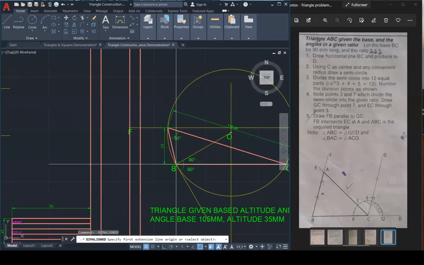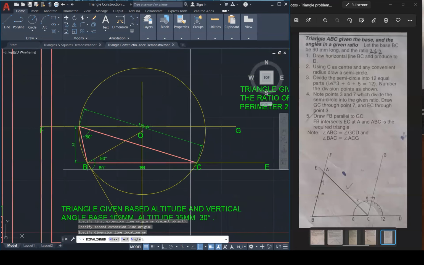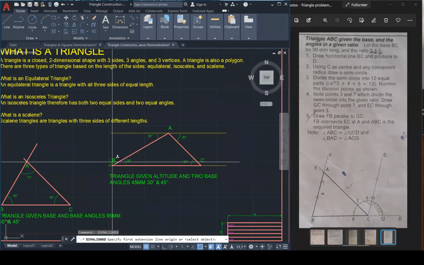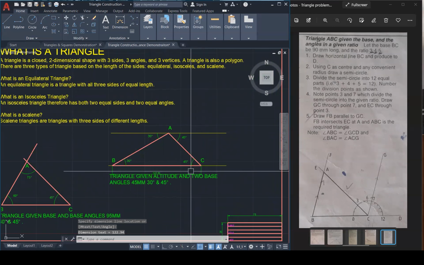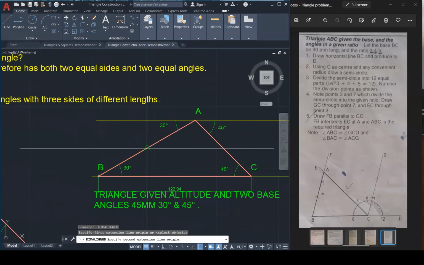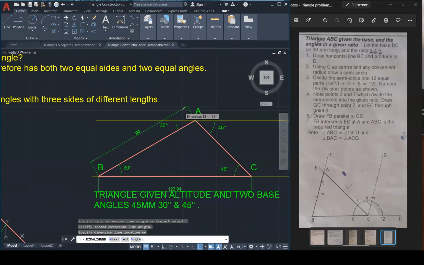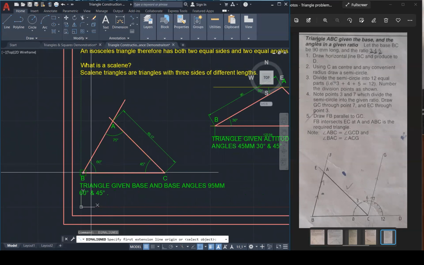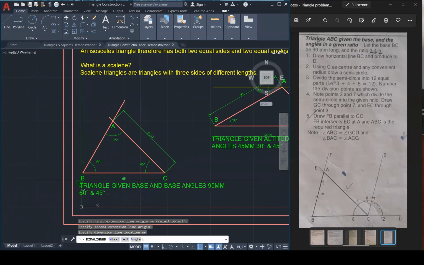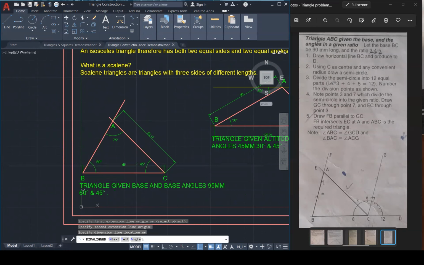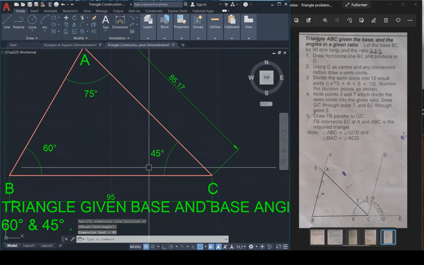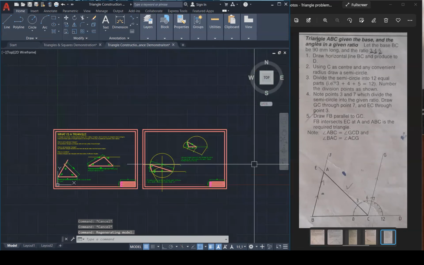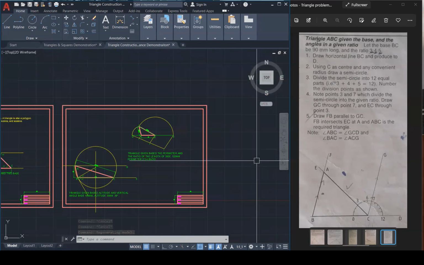That's the 105. Yeah. 95. All right, cool. So we can move on to the last problem now.